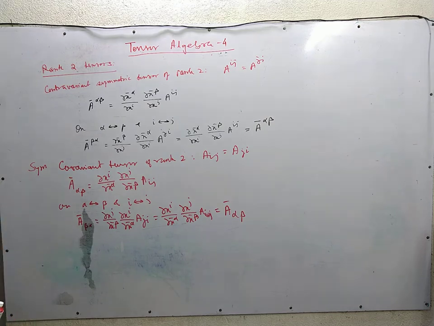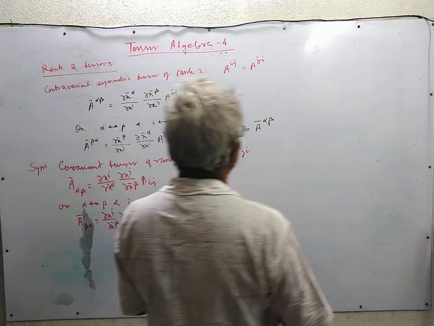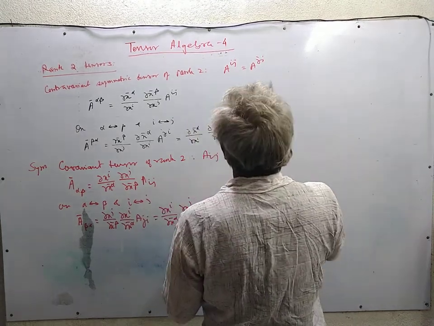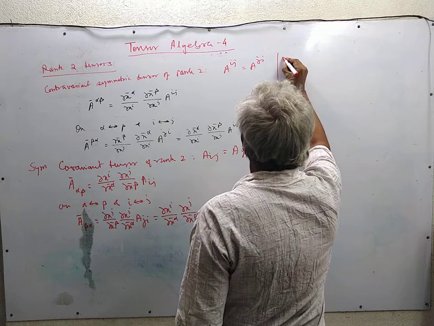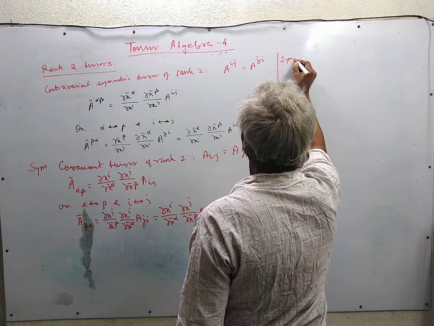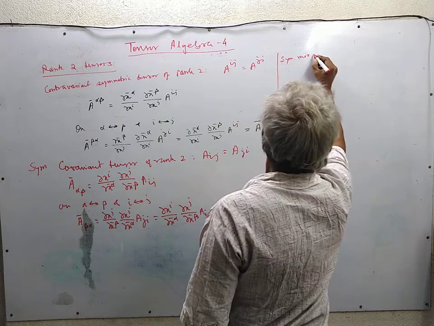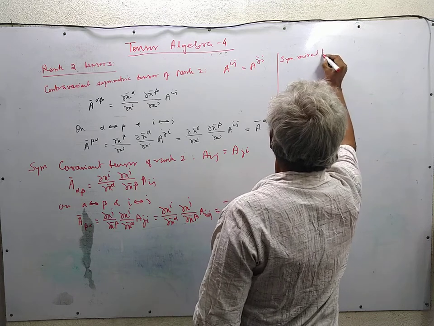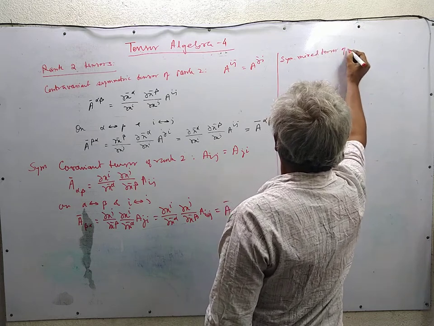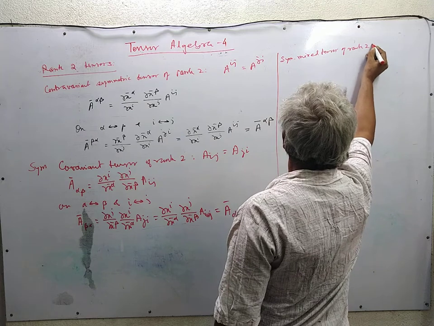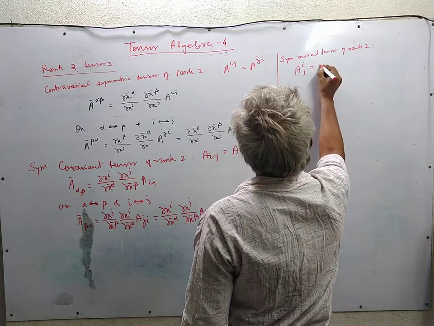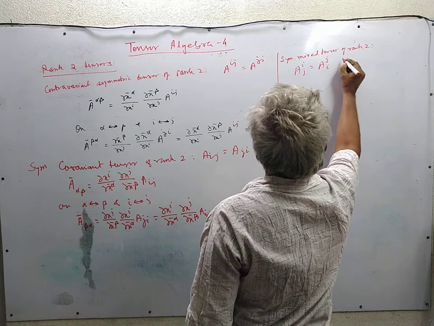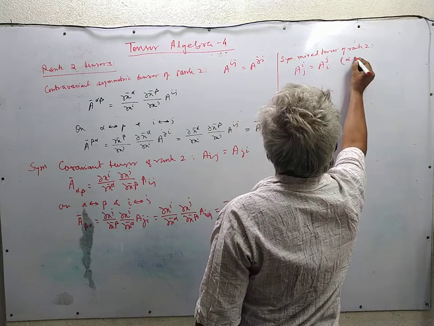Now, so far as a mixed tensor is concerned, we have a symmetric mixed tensor of rank 2. It is symmetric, so A i j is equal to A j i in the S frame.